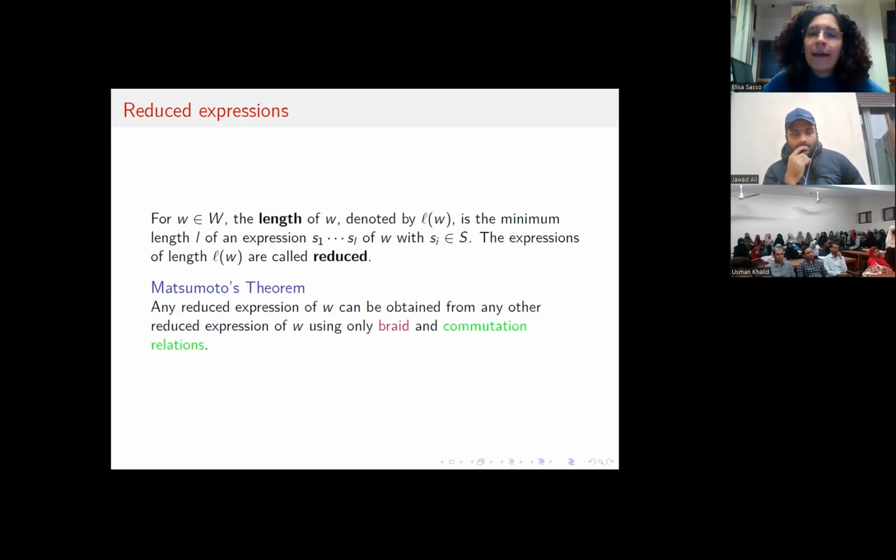We have an important result by Matsumoto, which says that, so you can imagine that for one element of the group, there is more than one reduced expression that represents this element. But if we have two reduced expressions of one element, we can obtain one from the other only using braid or commutation relations, the ones that we have seen before.